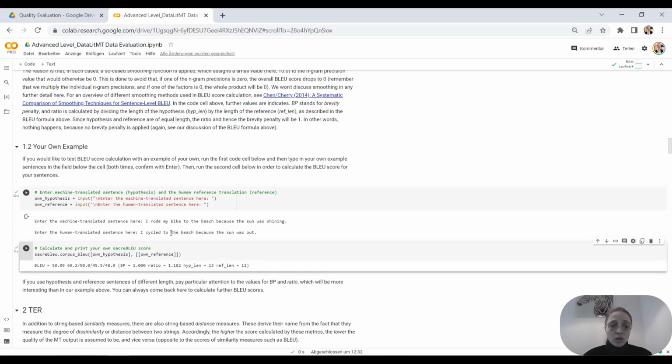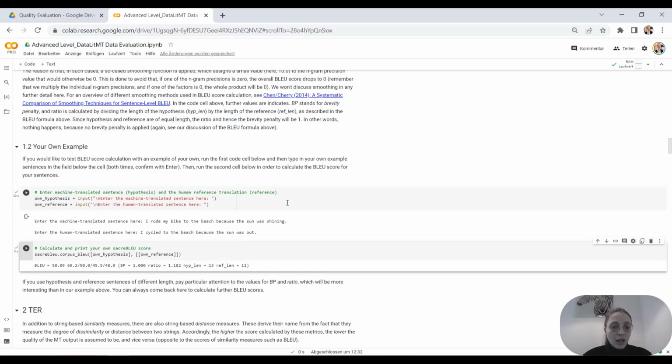But then "to" and "to," "the," "beach," "because," and so on. And then we can do the same with 2 grams. We can look at how many 2 grams compare, like "the beach," "the sun." So those kinds of comparisons. We can look at 3 gram comparisons, for example, "to the beach," or "because the sun." So those are 3 grams that overlap.